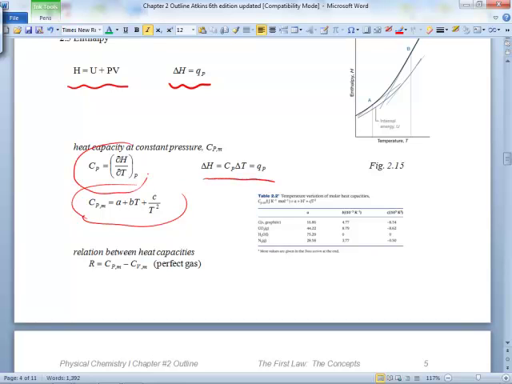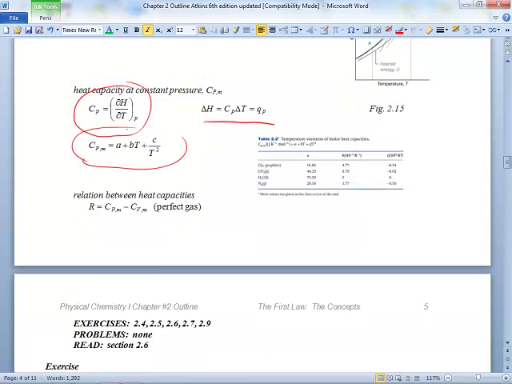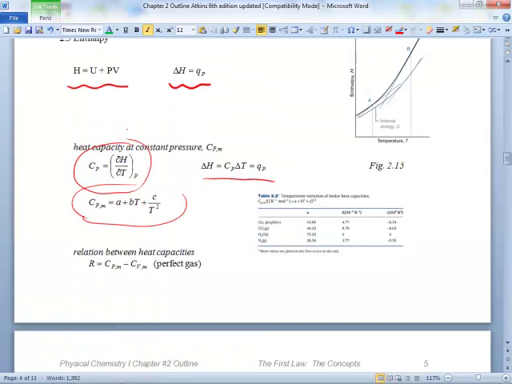So the heat capacity at constant pressure is how the enthalpy changes with respect to temperature. And how does the enthalpy change? Well, it's Cp delta T, or it's Qp. And what's coming up, I bet you, is that, yeah, it is. Do you remember we did this in our concept preview? Let me set it up for you.